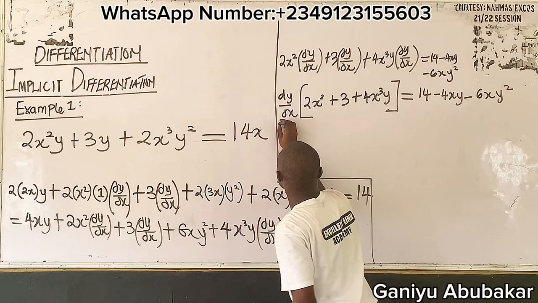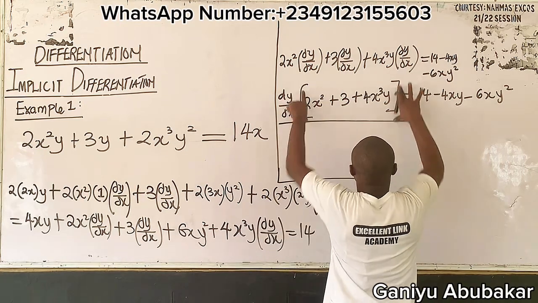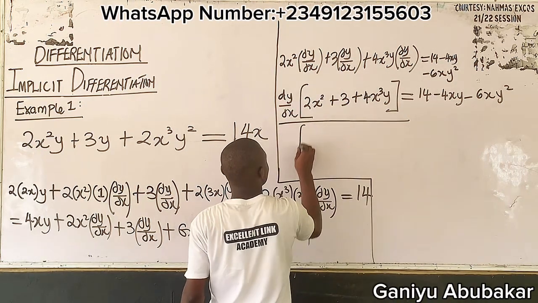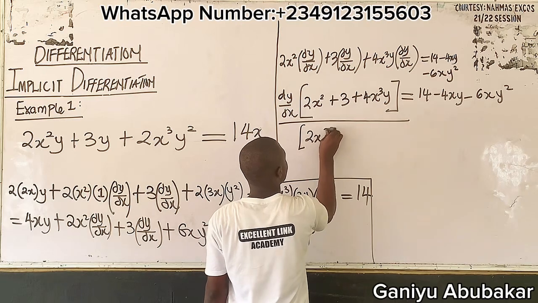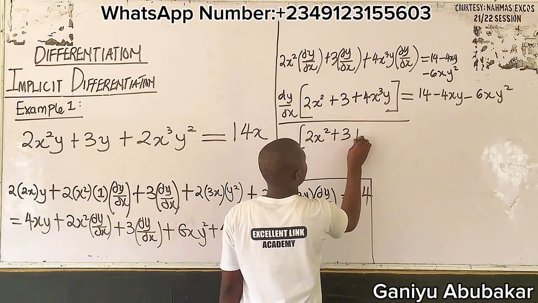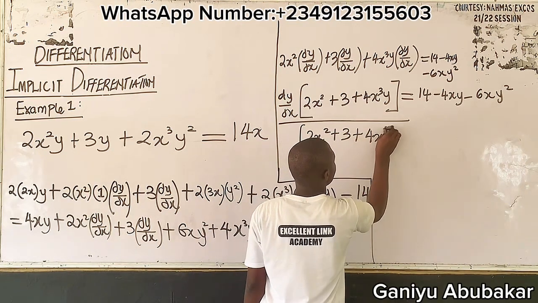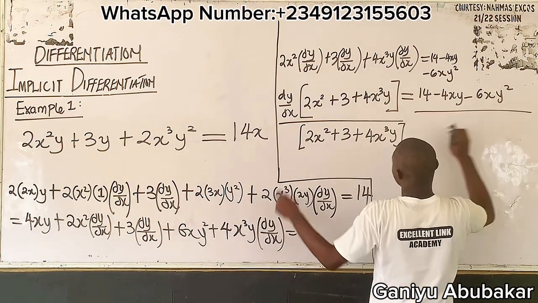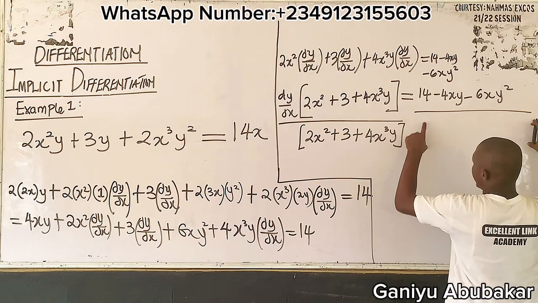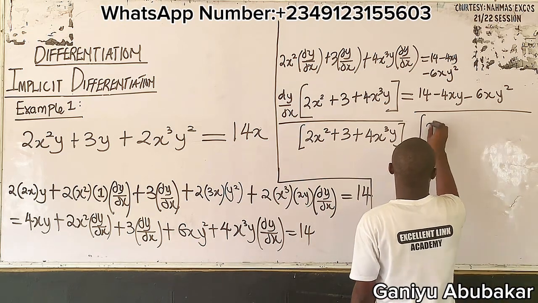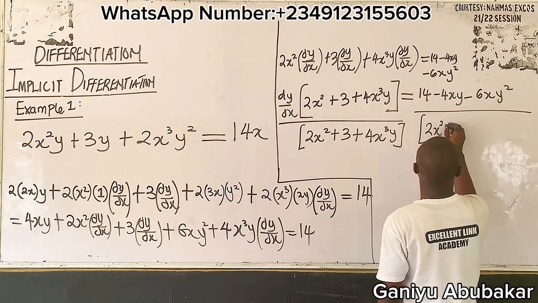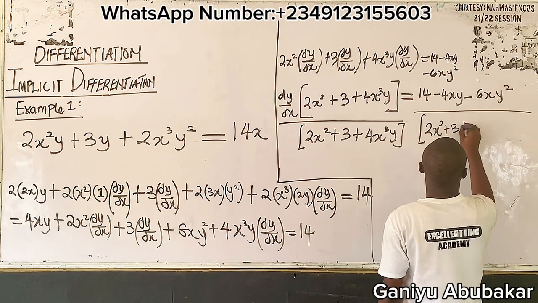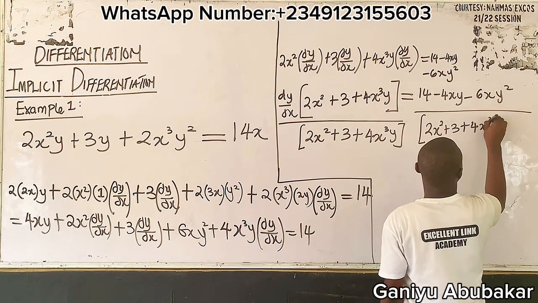So divide here by this, that becomes 2x squared plus 3 plus 4x cubed y. Also divide here by that same thing. Bring it here, that becomes 2x squared plus 3 plus 4x cubed y.